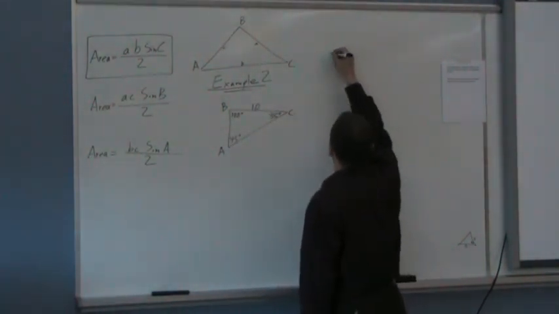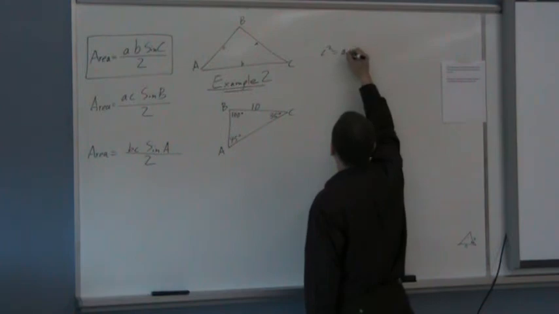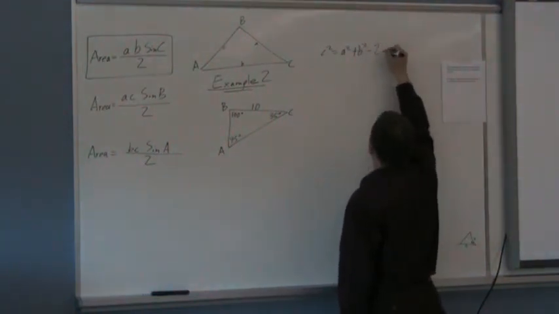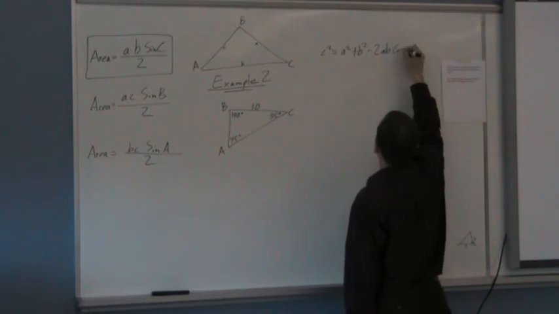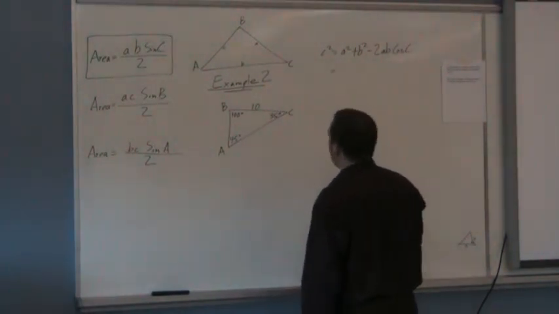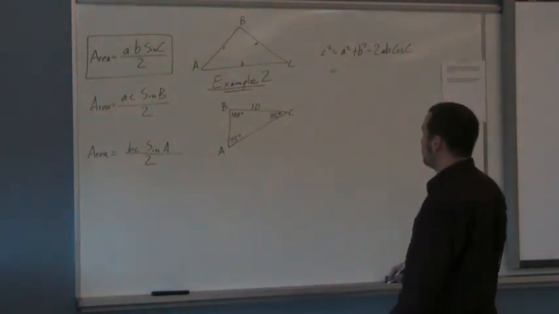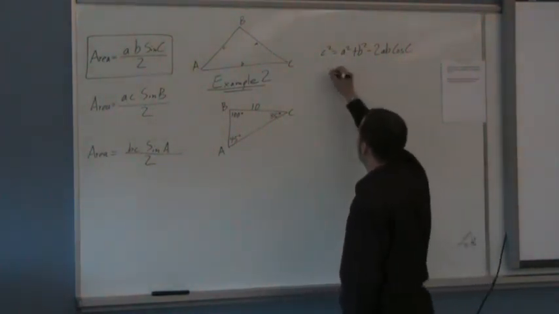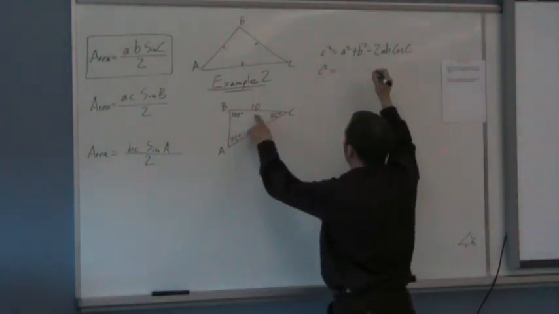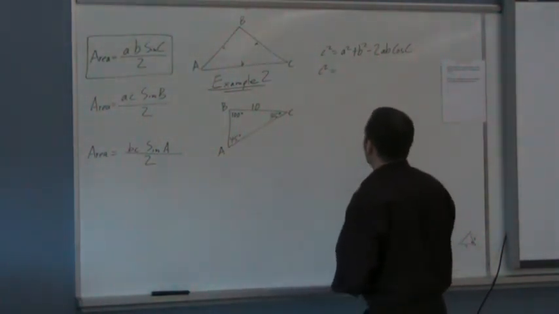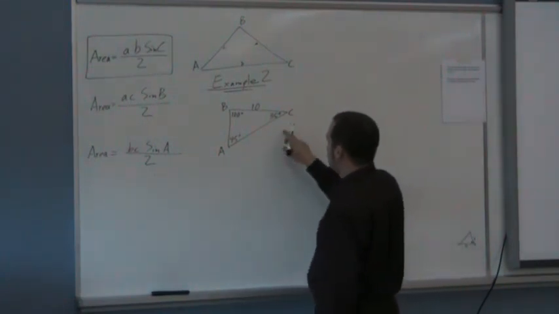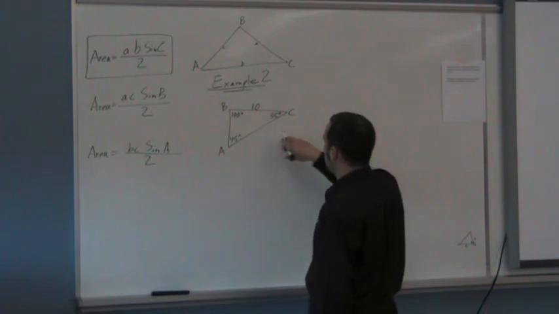So C squared equals A squared plus B squared minus 2BC cosine C. Fill in your information off of your triangle into your cosine law. So C squared equals, oops, no, I can't use the cosine law. I need to use the sine law, sorry. I can't use the cosine law here. I need two sides.